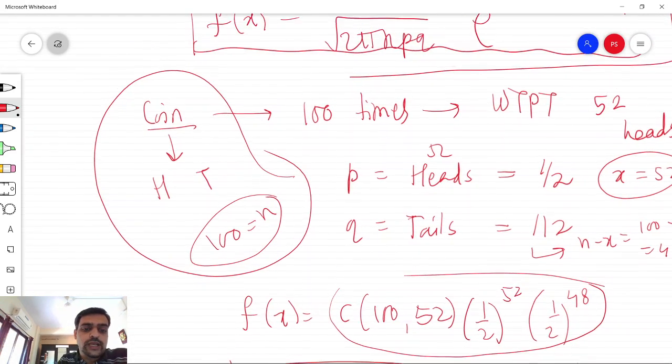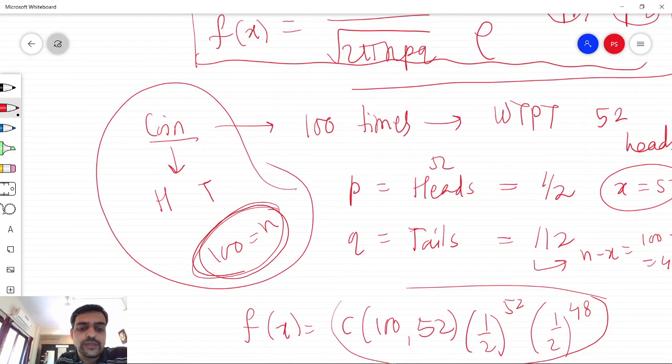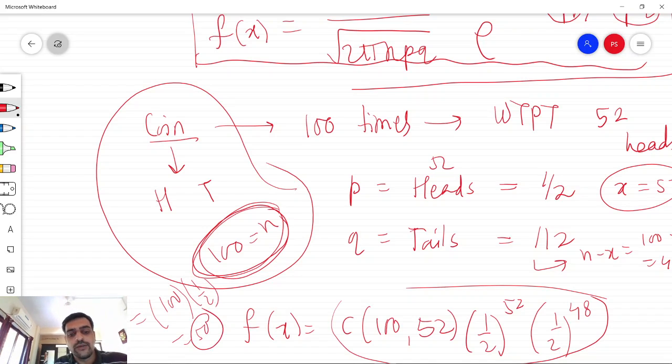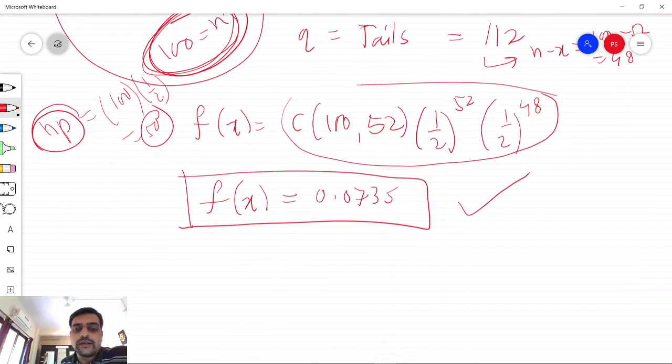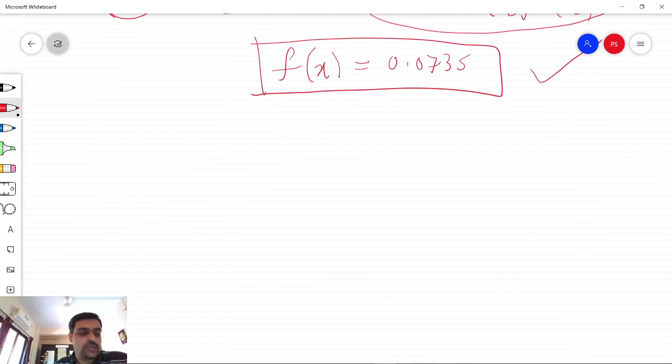Now we note here that this n value is typically very large. 100 is not a small number. And again, n into p, which is 100 into 1 by 2, which is 50, is also very large comparatively. So since both n and n into p are large, we can approximate this by a Gaussian distribution.